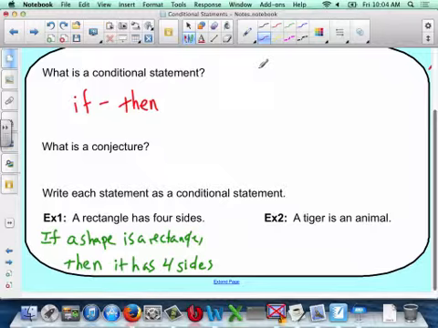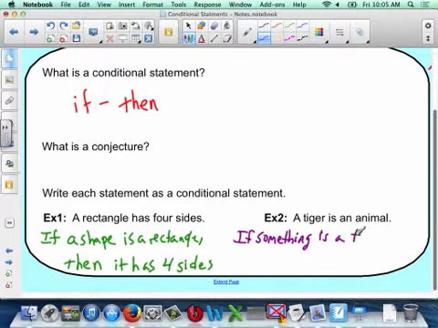Another way of writing number 2, hey guys, come on, is that if something is a tiger, then it is an animal.